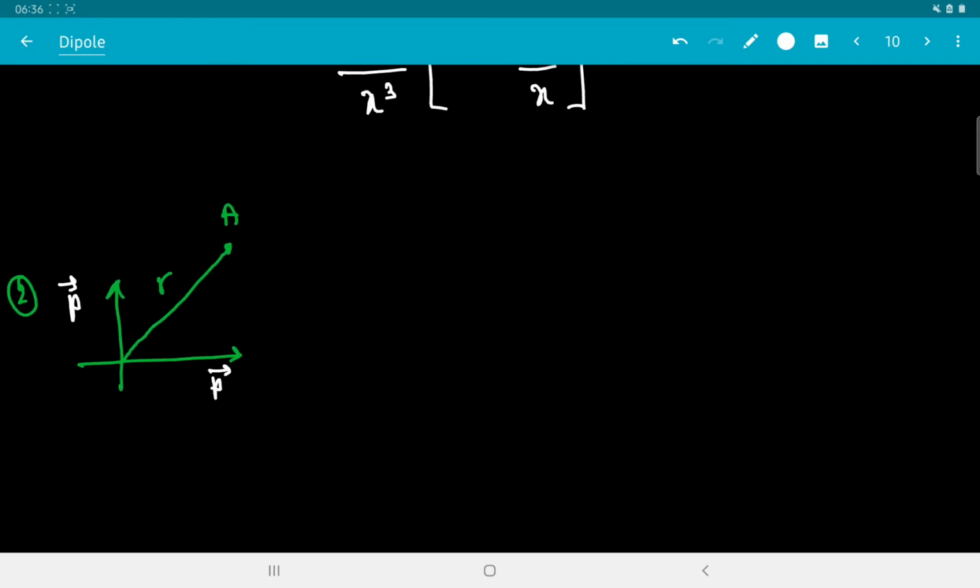In this next problem we have this point A. Again, it is in between these two dipole moments. Now see, for the first P it is at the perpendicular bisector, and for the second P also it is at the perpendicular bisector, so E is equal to Kp by r cube.